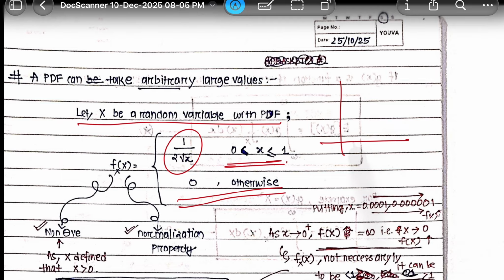We are drawing this graph for every situation so that you get a deeper understanding. Suppose this is the point 1 by 2 root x. This is the axis for f of x. This is for x. So the function is defined for this range. Otherwise, it is 0. Here also it is 0.